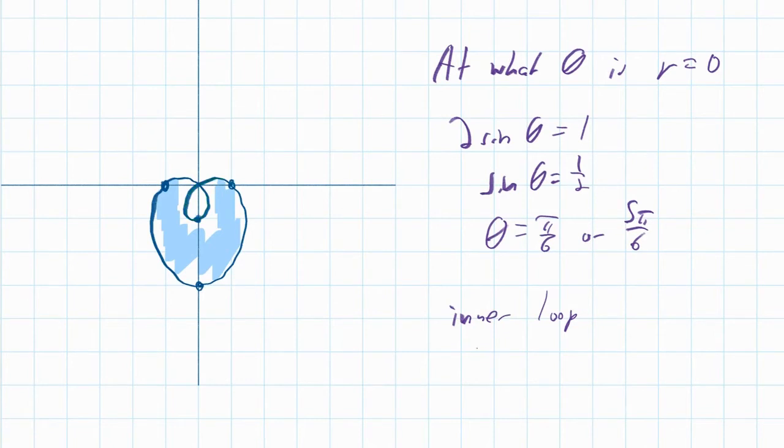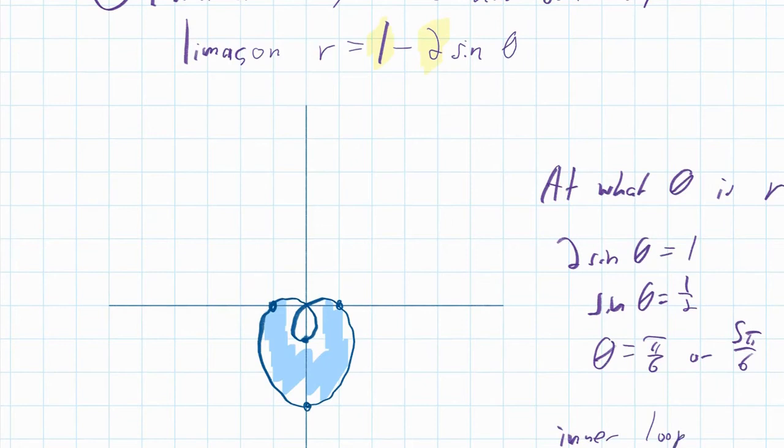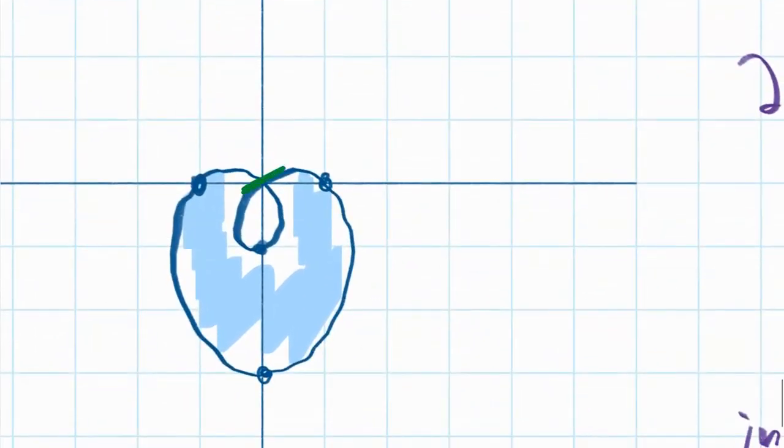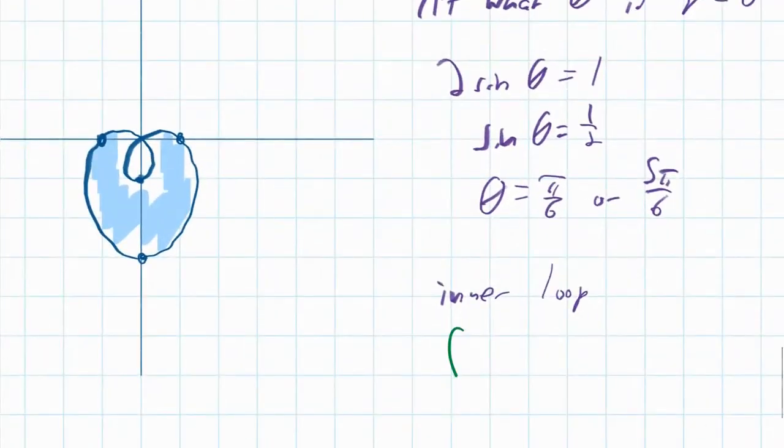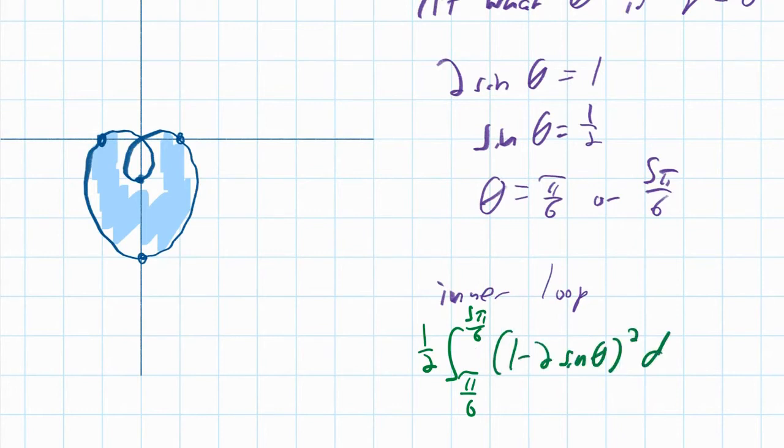If you look at tangents you can see this is a theta of pi over 6, and this is a theta of 5 pi over 6. So backing up, the inner loop is the integral from pi over 6 to 5 pi over 6 of 1/2 times (1 minus 2 sine of theta) squared d theta.